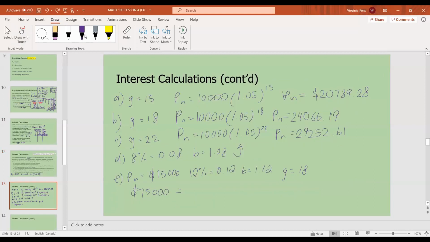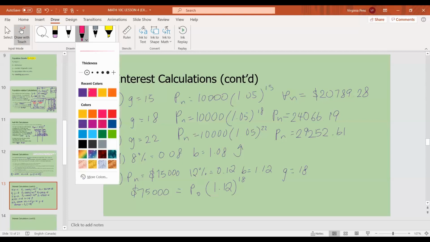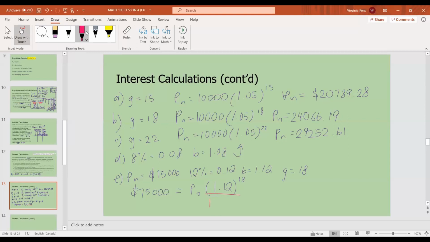So we'll give this a variable, times the behavior, which is 1.12 to the power of 18, which is our G value. Now we'll need to isolate our unknown. What we can do is divide both sides by 1.12 to the power of 18.